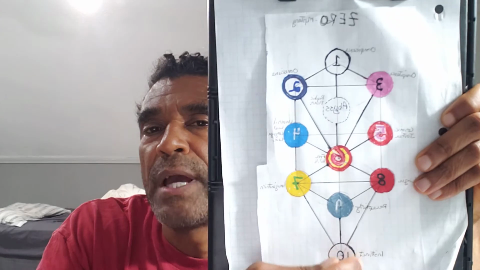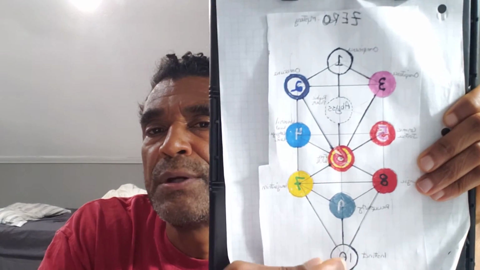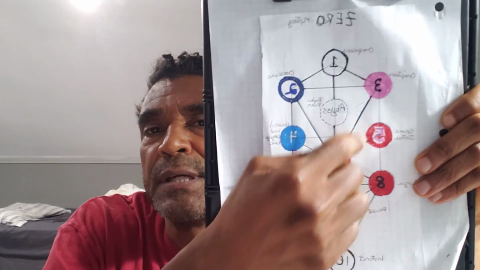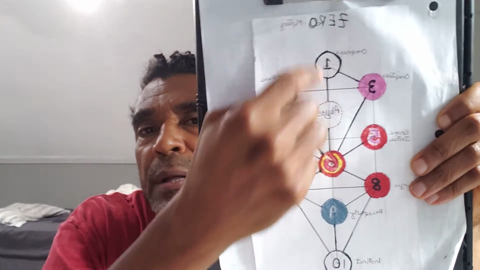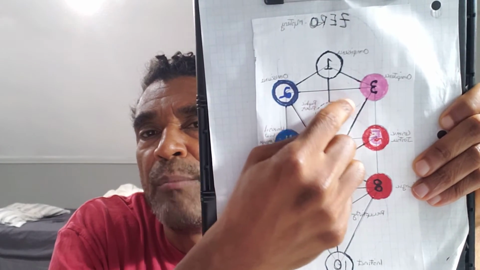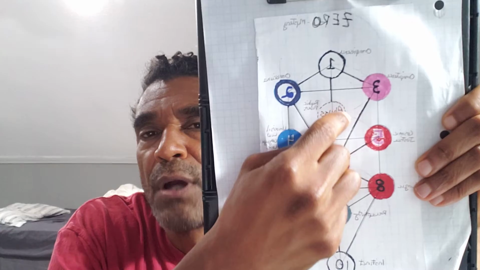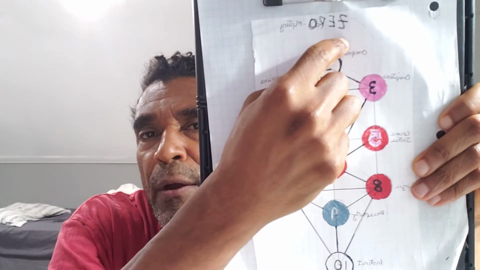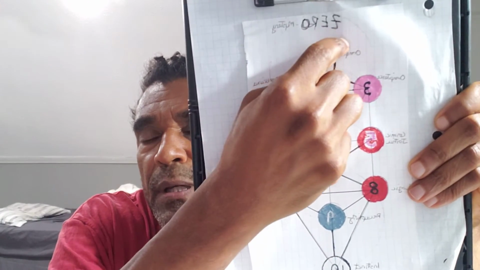You see there are 10 different circles or spheres here, number 10, 9, 8, 7, 6, 5, 4, 3, 2, 1. And then there is also an abyss here. It's called the abyss. And then there is a 0 above the tree. So that is a total of 12 different categories.